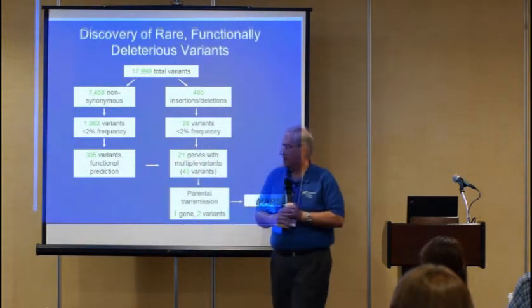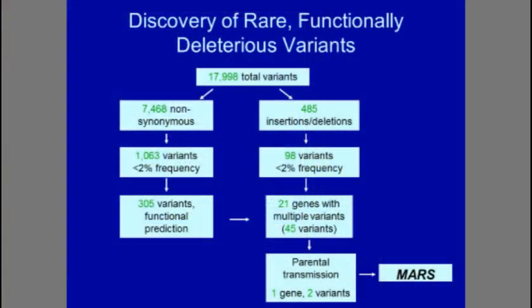And then we made the next assumption, and this is a big assumption. I think it's one of the most significant assumptions where we may go wrong with these kinds of things. We made the assumption that this was a recessive disease.